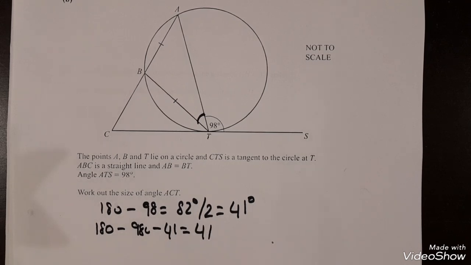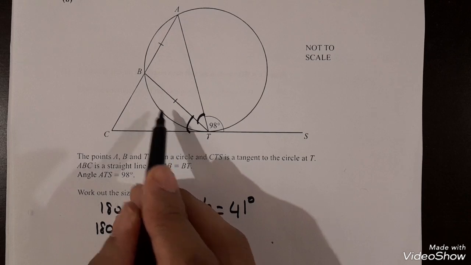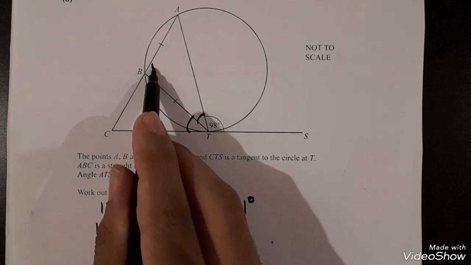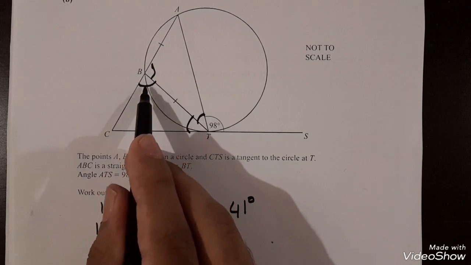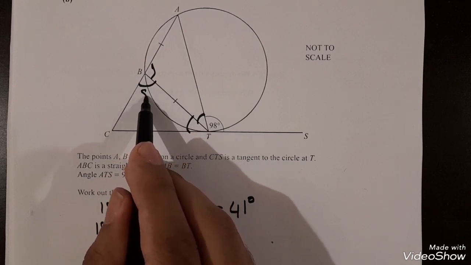Then we have this angle, which is 41, and over here we have 98 degrees, so we subtract 98 from 180, which will be 82.